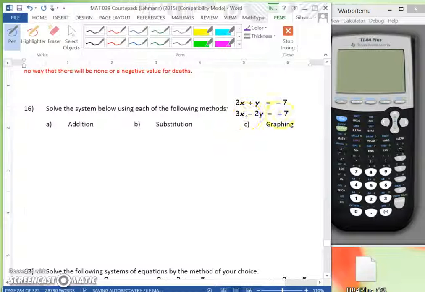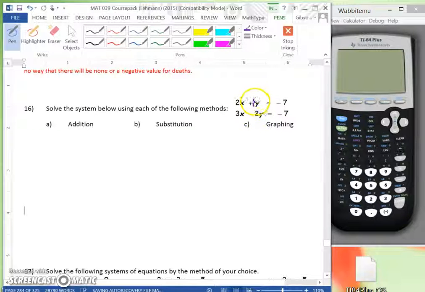So we look here at these two equations, and we determine which variable we want to get rid of. I would suggest that we get rid of the y's because they already have opposite signs. If you look here, we'll look at the coefficient of y and negative 2y. It's assumed that there's a 1 in front of this y.